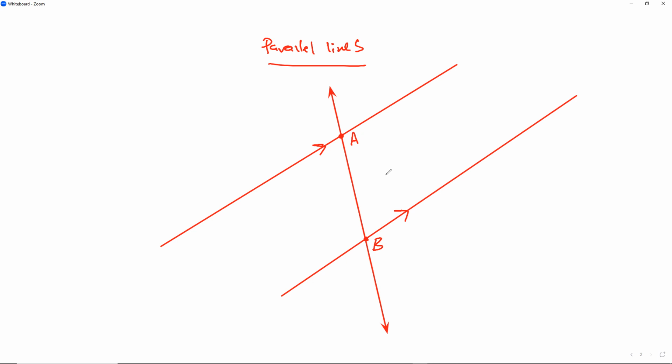And when it comes to parallel lines, we have special qualities. You'll notice that this angle is an obtuse angle, and because it's parallel, it's equal to this angle over here, which is also obtuse. Obtuse meaning greater than 90, but less than 180 degrees. We give these two angles a special name.